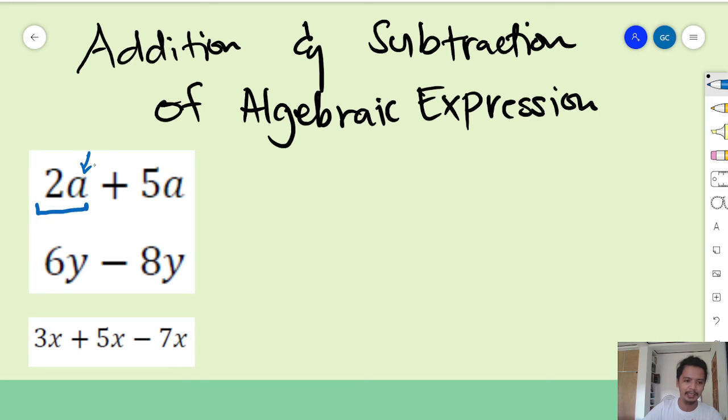Pareha sila a, yung exponent. Meaning, matatawag natin silang similar terms. So, kapag i-add na natin sila, maaalala nyo yung fifth law na ginamit natin, yung diniscuss natin kanina, yung distributive. Pwede actually natin yung ipakita dito.